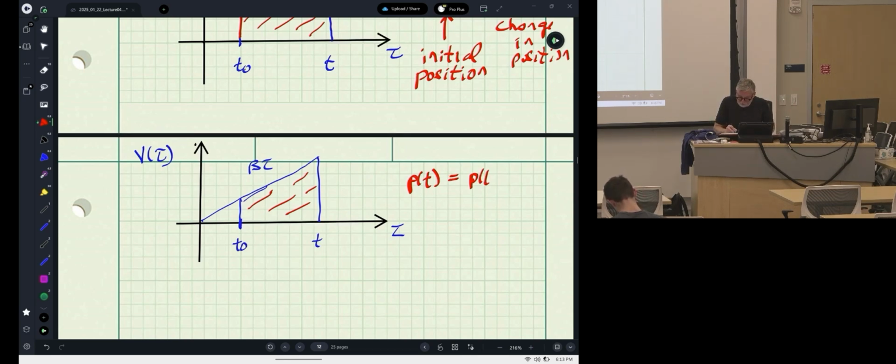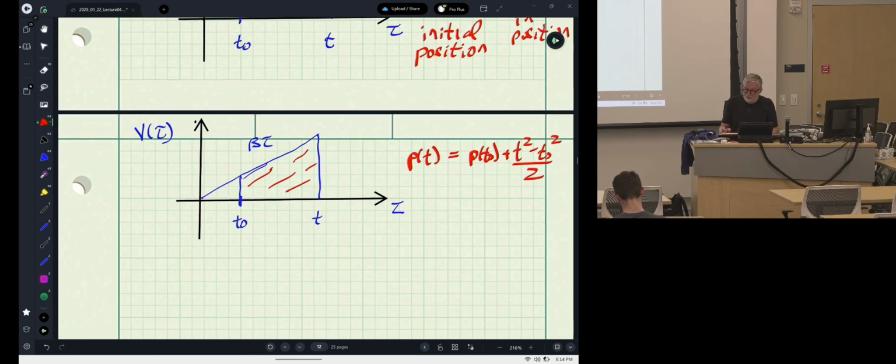So it would be p of t0 plus beta times t minus t0 squared over 2. Almost right. Beta times t squared minus t0 squared over 2. Okay?